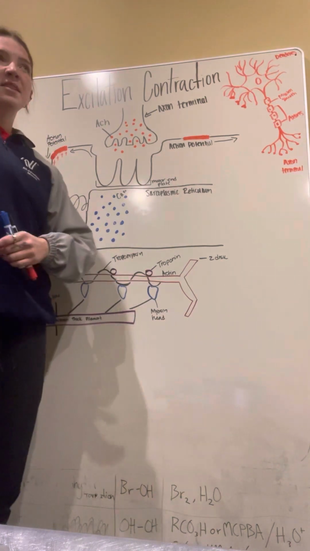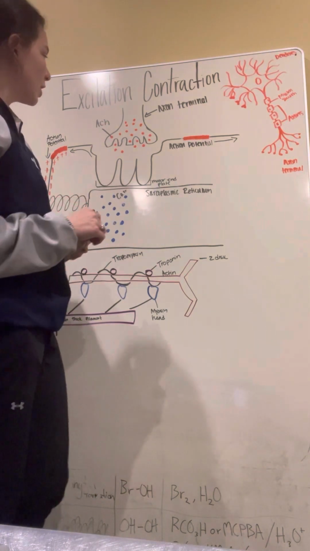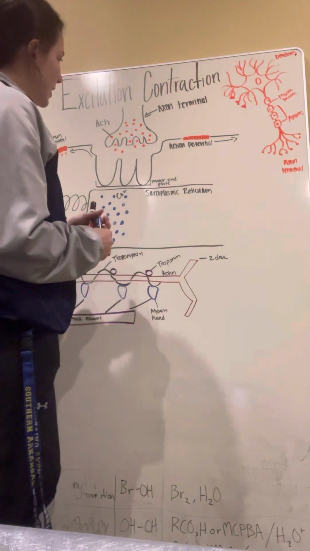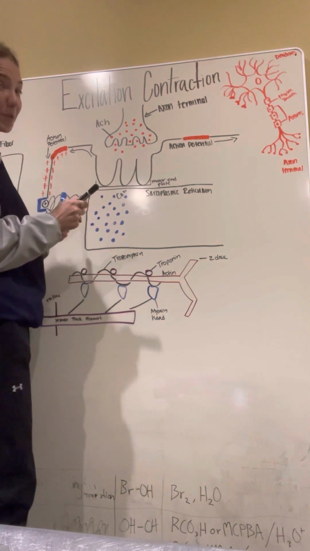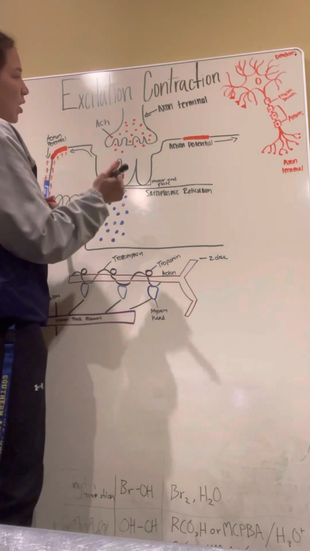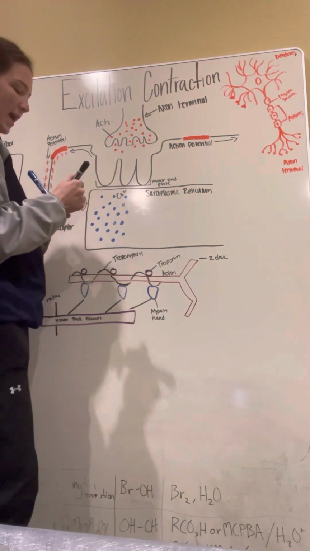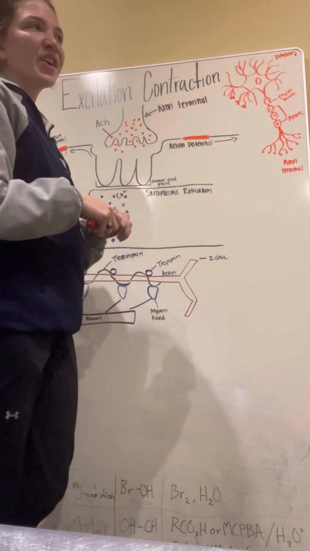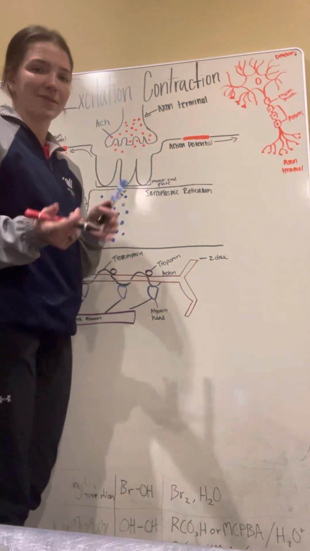So a different kind of way to look at it, to help you understand really, is that these little guys, ACHs, the red guys, are the passengers, okay? They're people, and they're carried by these things that we call synaptic vesicles.